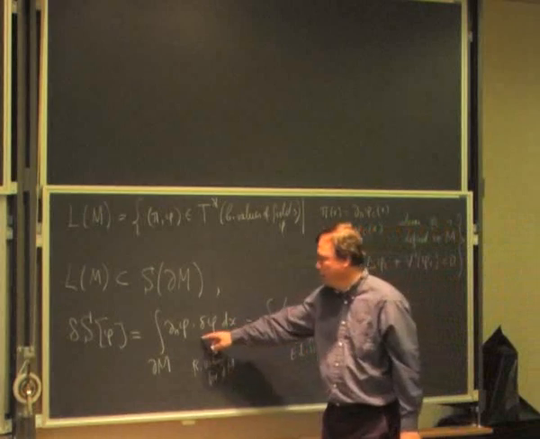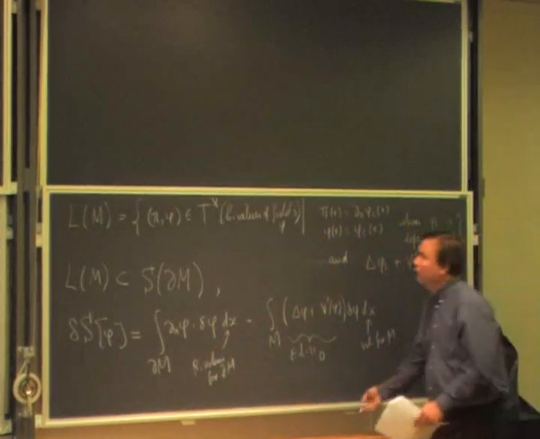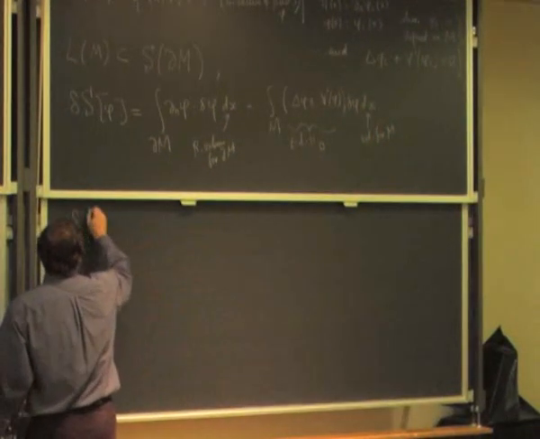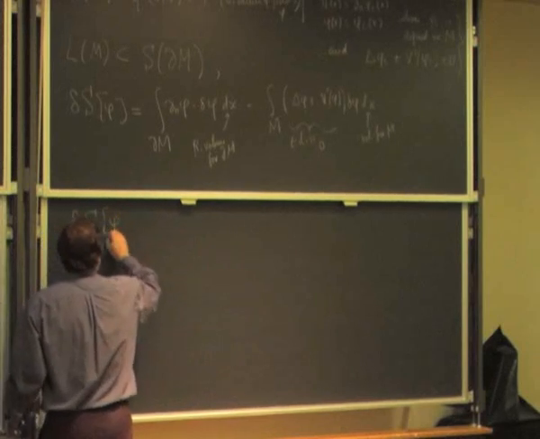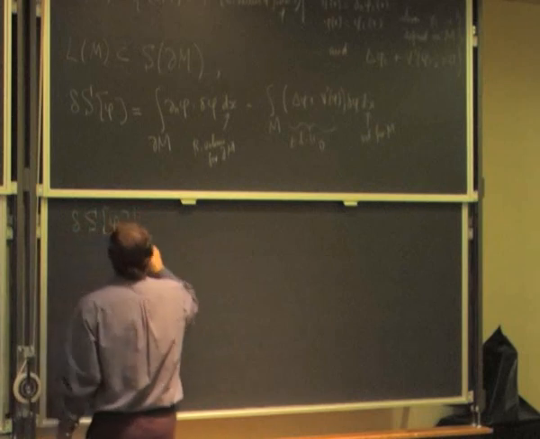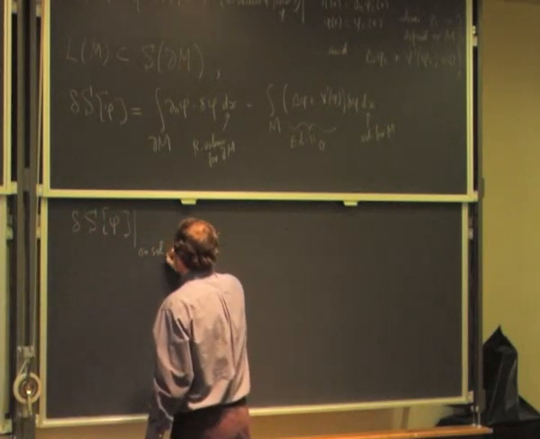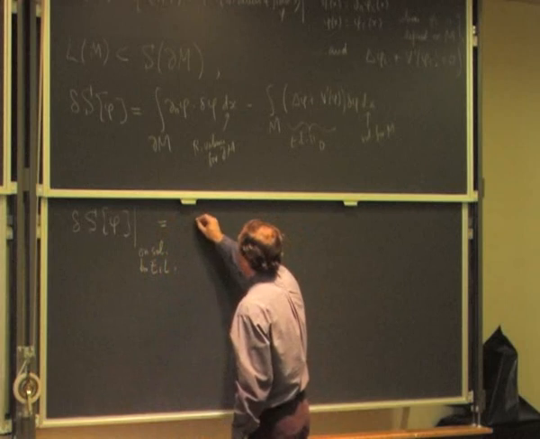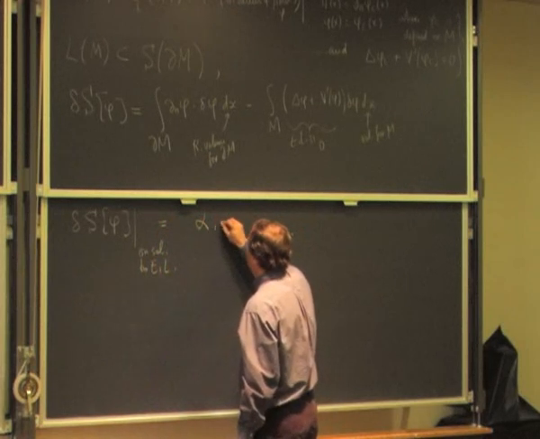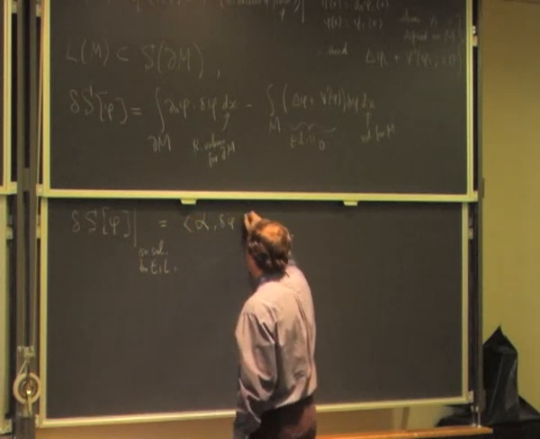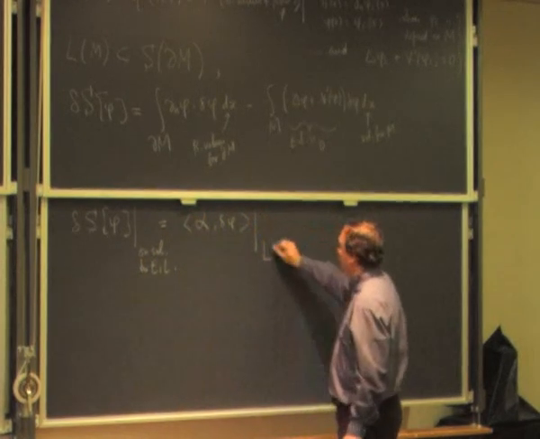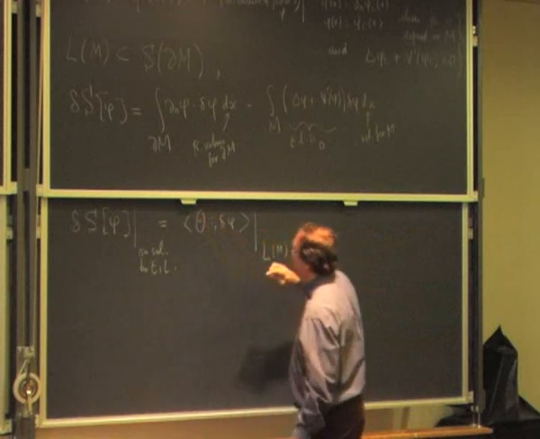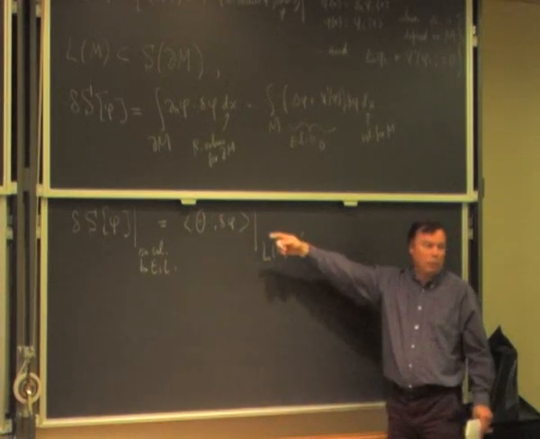And now if you look at this term, we can see that δS, on solutions to the Euler-Lagrange equations, is equal to α(δφ) restricted to L, where α, well, maybe I should say θ, where θ is the canonical one-form for the tangent bundle.